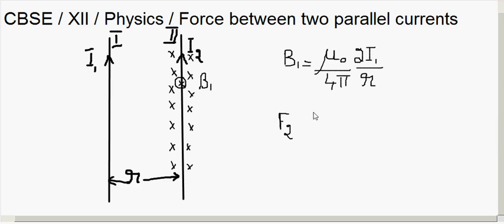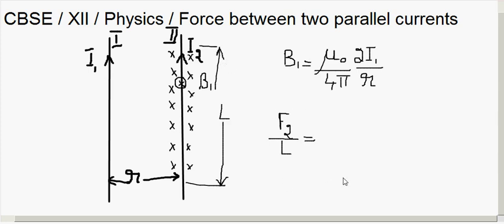This also we have derived. So we got F2 by L, that is force per unit length. If you take L length of the wire, L is the portion of the wire length.